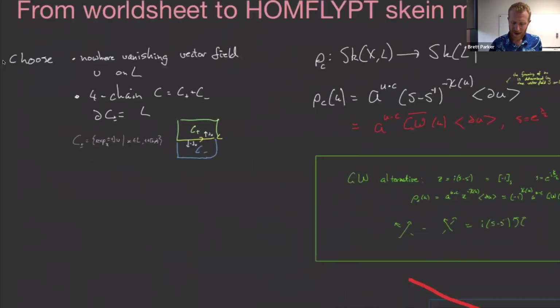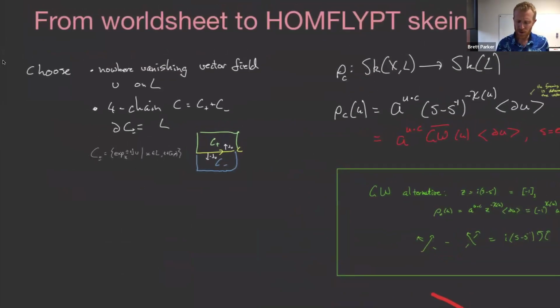so what you need to do is choose a nowhere vanishing vector field V on your Lagrangian, and then also a 4-chain with boundary which is 2 times the Lagrangian L. But this 4-chain has to have a special form close to the Lagrangian: it needs to look like the Lagrangian pushed off in two different directions.